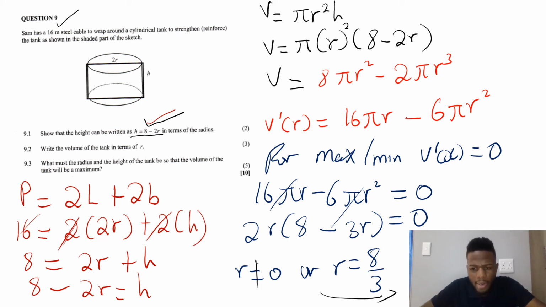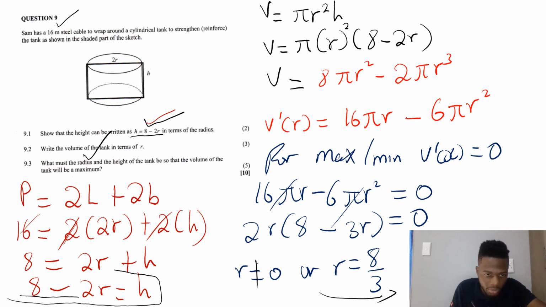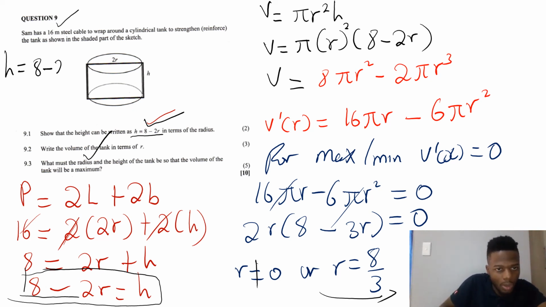So we need to find the height, because so far we have the radius. To find our height, we can use this equation. Our height is going to be 8 minus 2r. So 8 minus 2, what is our r?